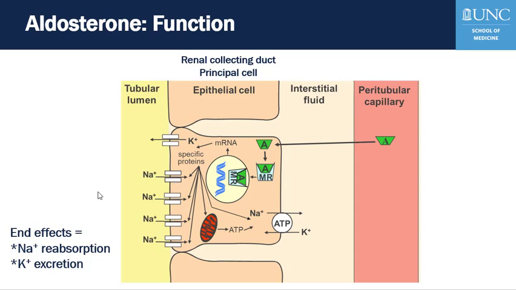So the ultimate end effects of aldosterone are to increase sodium reabsorption from the tubular fluid and also to promote potassium secretion into the tubular fluid, followed by excretion in the urine from the body.